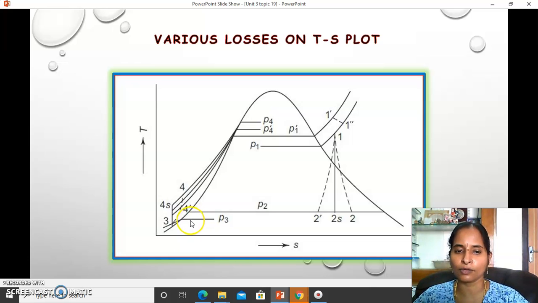Of course it has to be P3, but here the pressure is increased, and then we are getting the pressure loss in the condenser.